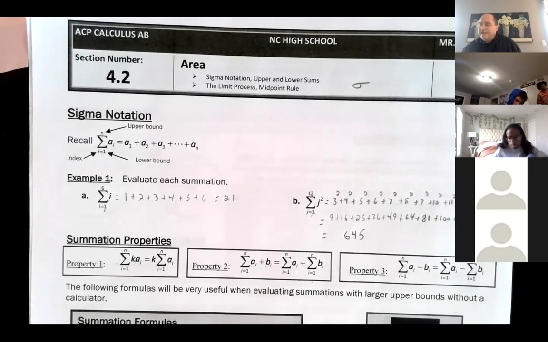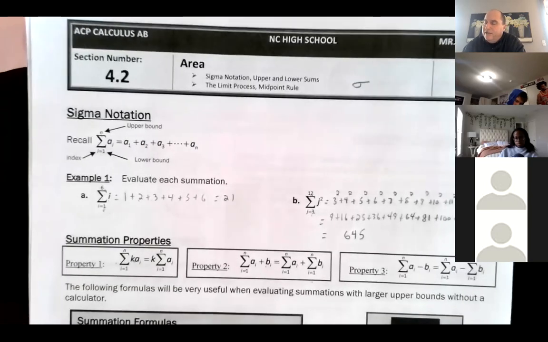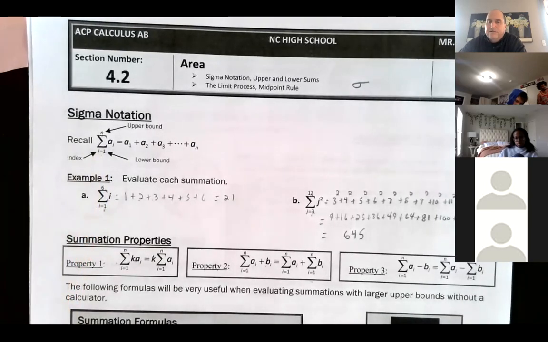And a piece that works with that is this thing called summation notation, or we call it sigma notation. This is the Greek letter sigma. You have done this before. This is not the first time you're seeing this.